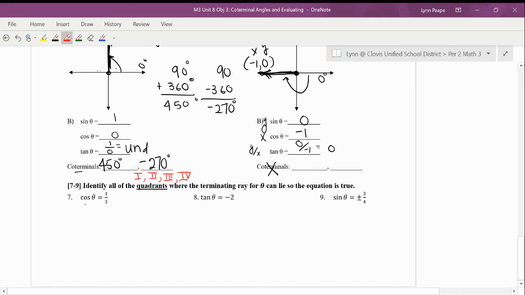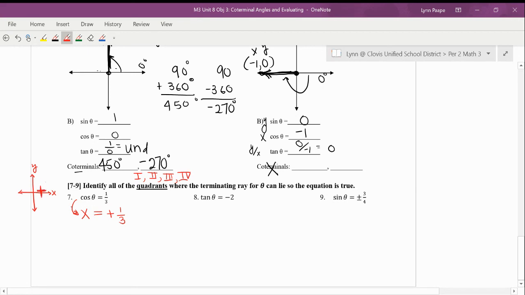So the way we want to think about that is cosine is the x value. And we want to know where could that be where x is going to equal positive 1/3, right? Because remember, cosine is the value of x. So if I look here and I want to figure out where the x value is positive, so the x value positive is over here, isn't it? Isn't this where x is positive?